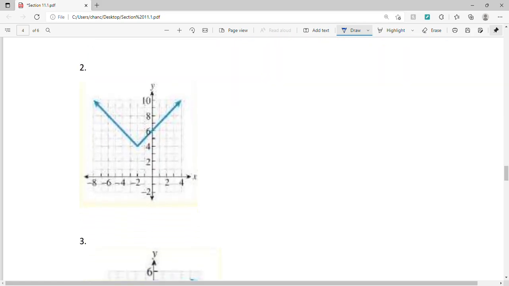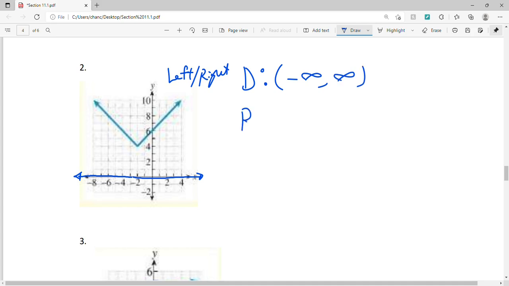In example 2, again, I want to start with the domain. I ask myself, how far does it go left to how far does it go right? Well, if you look at the scale on the x-axis, you're going to have to go on forever in either direction to see this whole graph. So the domain, again, is negative infinity to infinity. For the range, we ask how far down does it go to how far up.